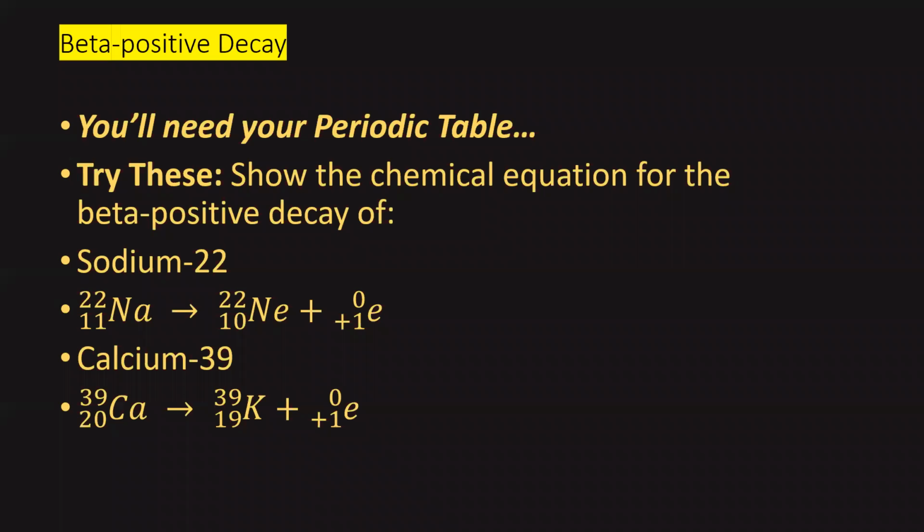If you have your periodic table, you can try this. Look at the isotope sodium-22. Sodium has an atomic number of 11, but if you take one of those protons away, you're left with neon. The mass stays the same, but we emit a positive particle, a positron.